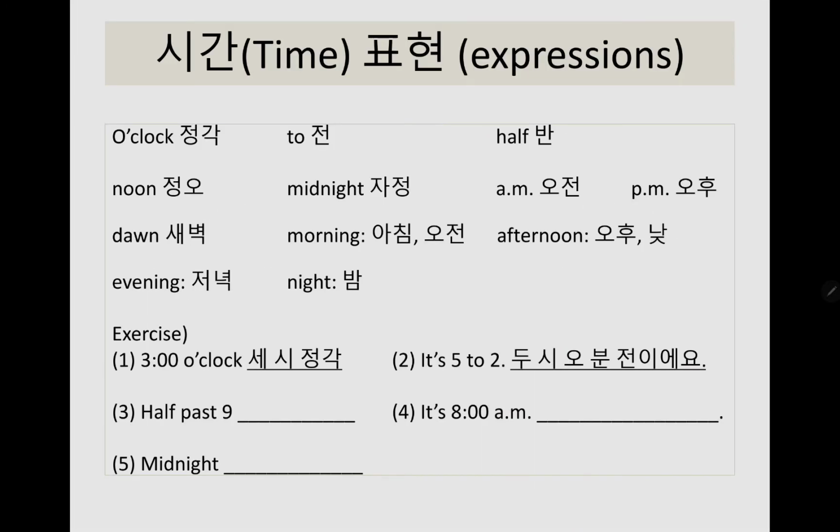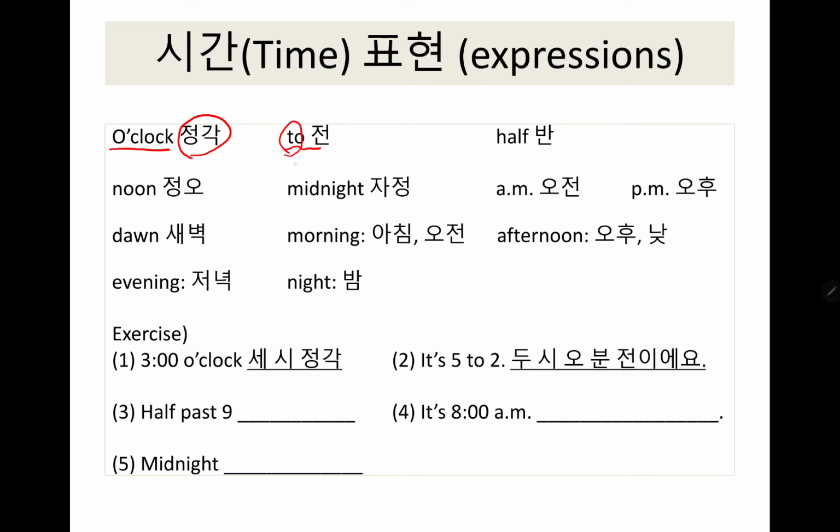Okay. And there are some expressions useful for expressing time. So let's look at it. So o'clock. So like if there's no minute, you say 정각. 정각 2시예요. Yeah. And let's say sometimes you say it's 5 to 2.